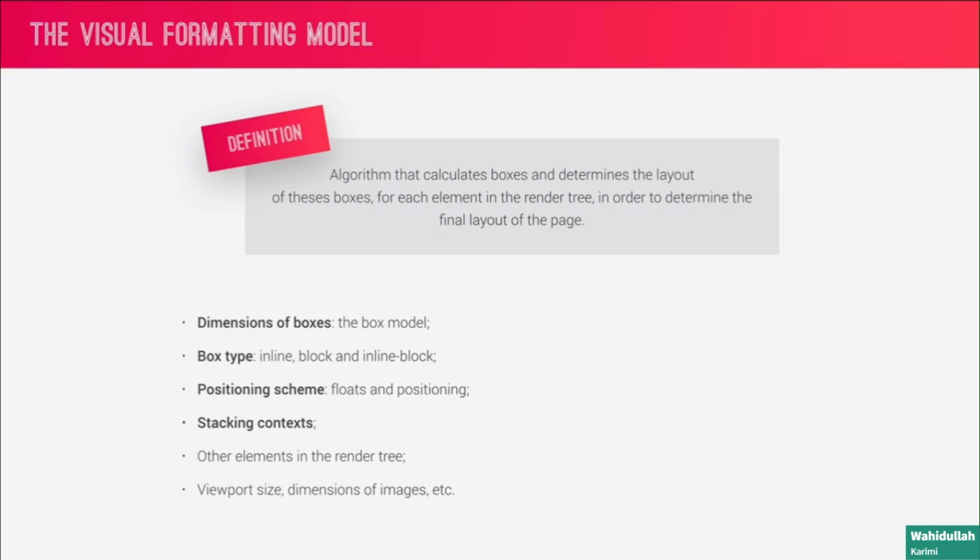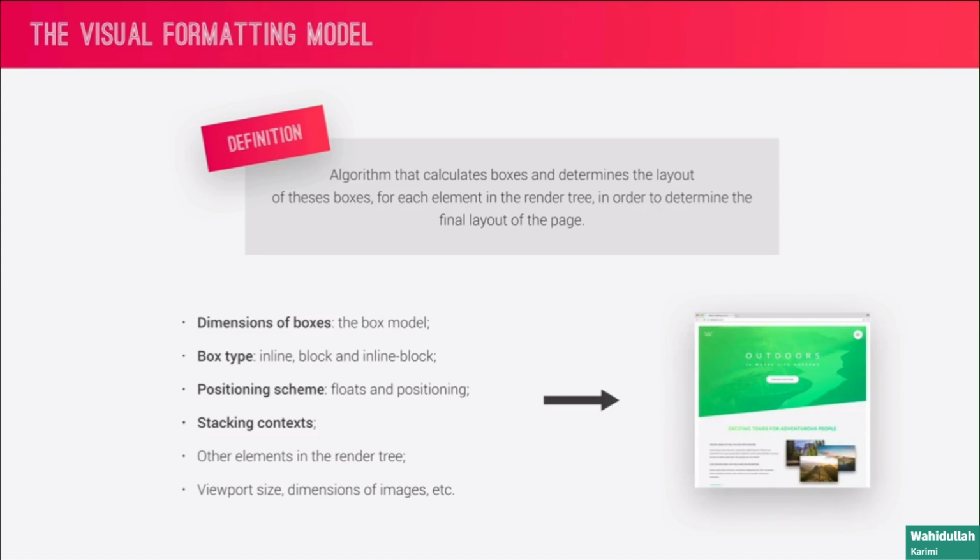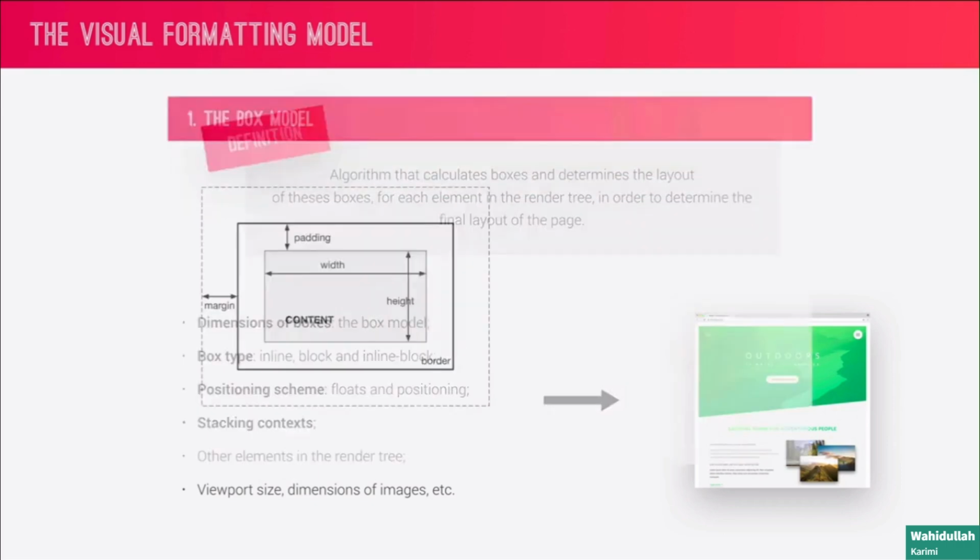So by putting all of these factors together, the browser figures out how the final website will look for the user. So let's now look at the first 4 of these factors in more detail.